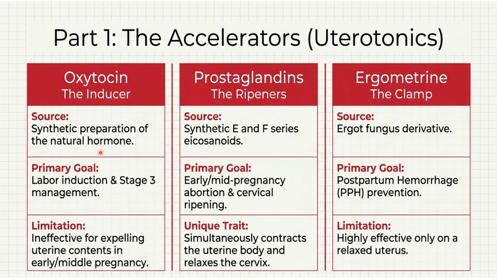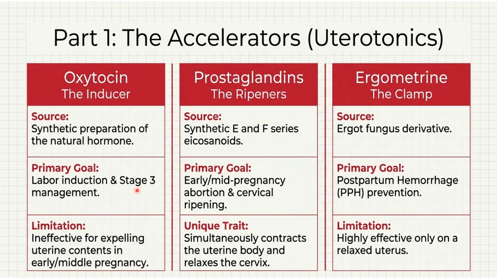And the primary objective of treating with oxytocin is to induce labor, to shorten the first stage of labor, usually long, especially in primigravida, and in the management of the third stage of labor during the delivery of the placenta.